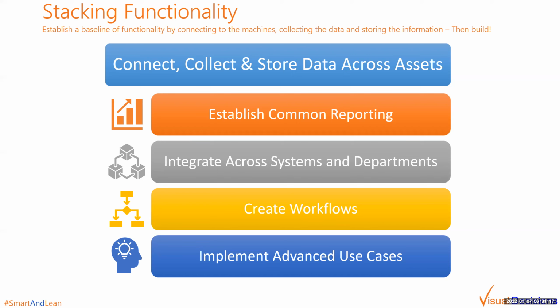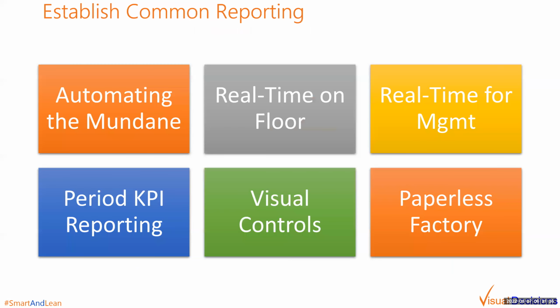The best part is, while the value from the implementation continues to grow, the costs of the software and the hardware remain relatively fixed. There's a positive ROI from the initial implementation, but the long-term value explodes as layers are added. Over the next few sections, I'll touch on each one of these topics.